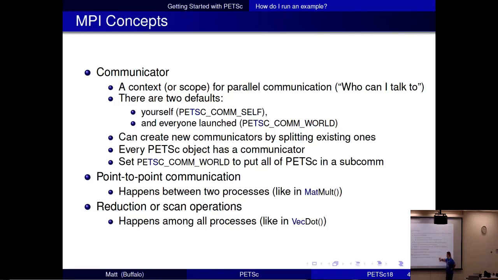But this tells us the balance on the machine between memory bandwidth and latency. And then you can look at the difference between VecMDot and VecDot to see, MDot should be limited by bandwidth and VecDot should be limited by latency. So how close they are tells you something about balance too.